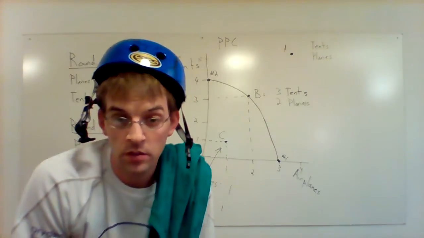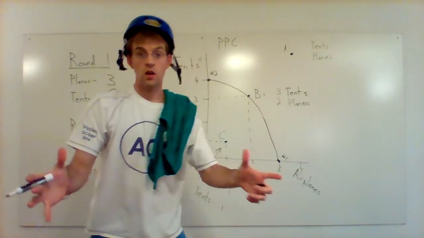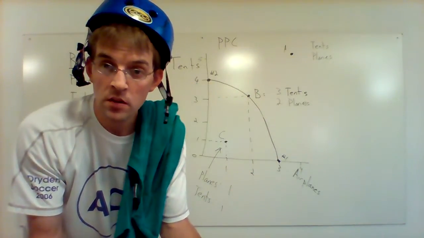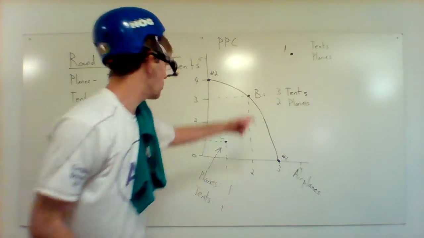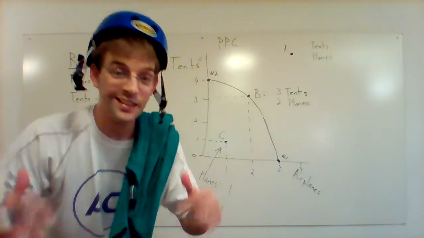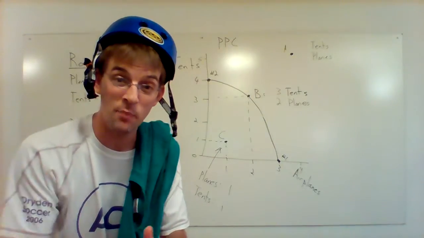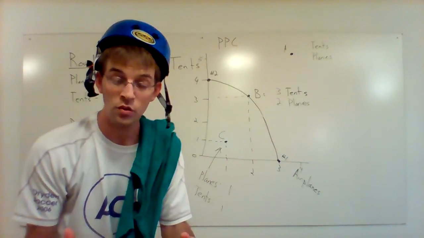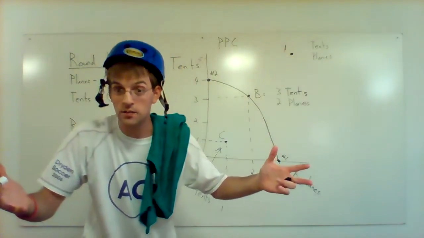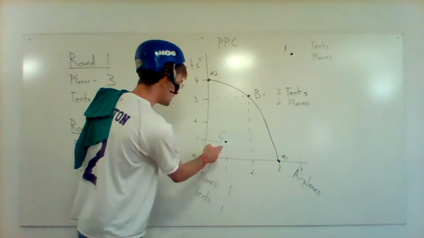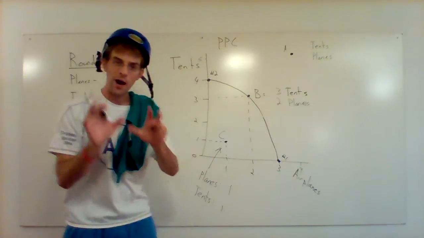Is that possible? Sure. Did you have 5 sheets of paper to make those? You did, so 2 and 3 is 5. You could have done that. Is there somebody that could have been good enough at making both of those things that they could have done it in 30 seconds? Possible, okay? So notice that C and B both represent possibilities.